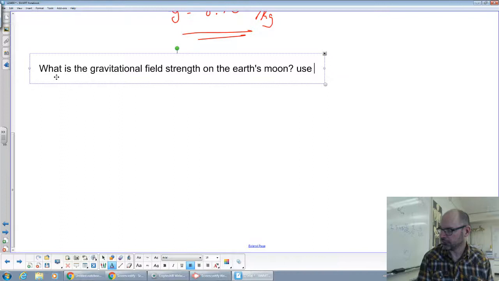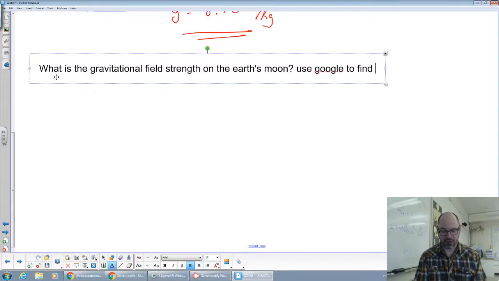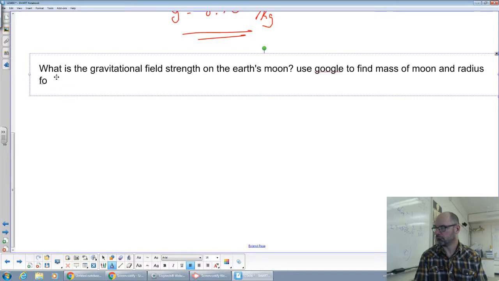Find the mass of the moon and the radius of the moon. You could probably just look up the concept too, but we're just going to find out what it is using those two.